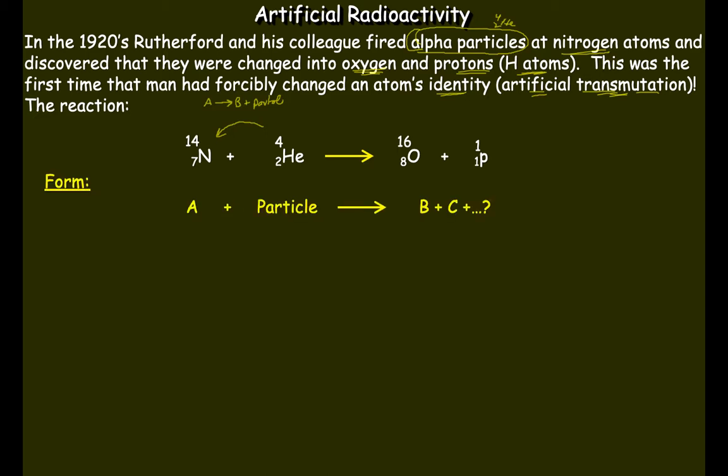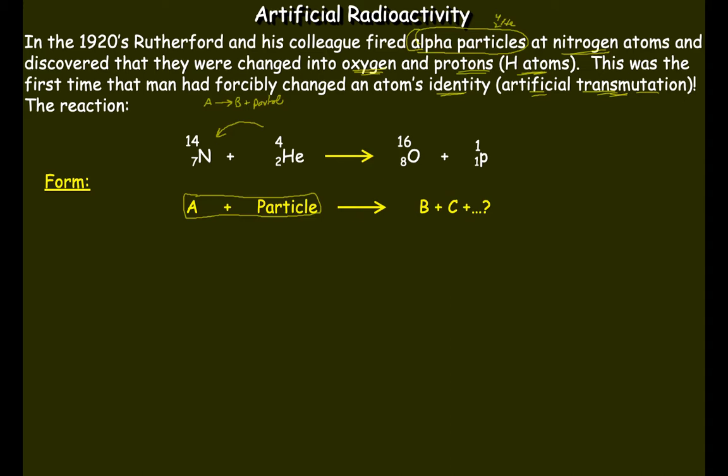So really, you have a reaction that uses the same idea, keeping the atomic numbers equal and the mass numbers equal. It's just that you're going to have multiple particles on each side. If you have 2 particles on this side versus only 1, then you have an artificial transmutation, artificial radioactivity.